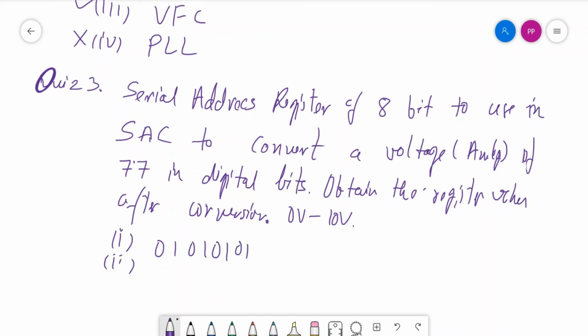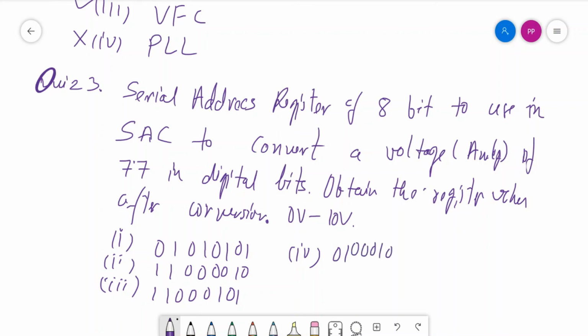Second option is 1 1 0 0 0 1 1 0. Third option is 1 1 0 0 0 1 0 1, and the fourth option is 0 1 0 0 0 1 0 1. So you take a pause and solve it by the method taught to you, then you attempt the answer.